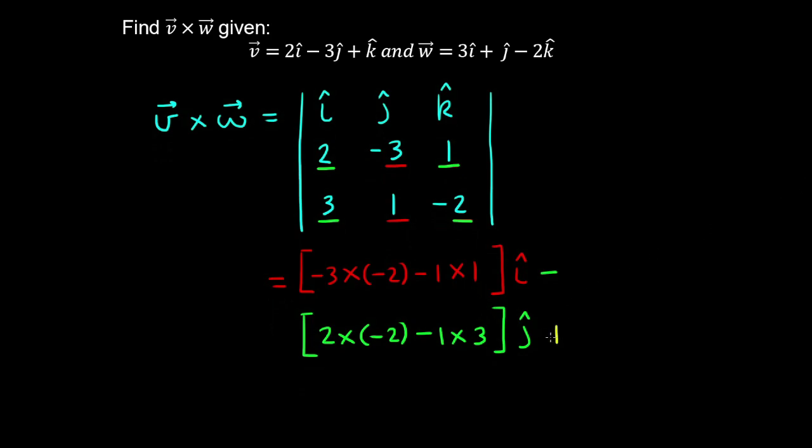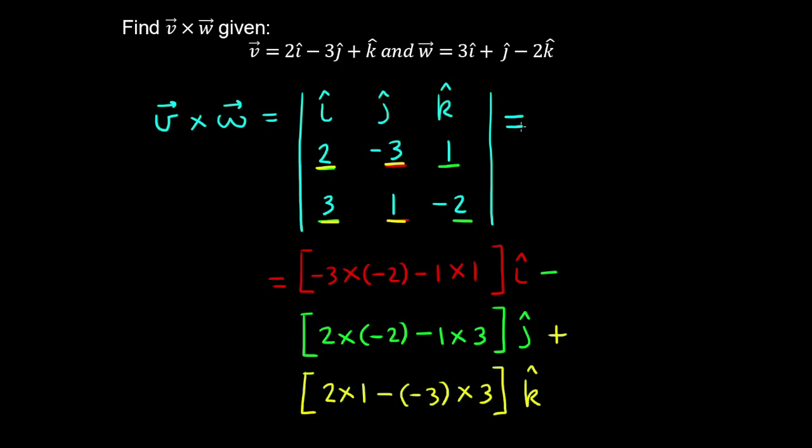And our final component is the unit vector k multiplied by the determinant of the minor matrix containing entries that are not in the column of k. So we have 2 by 1 minus negative 3 by 3.